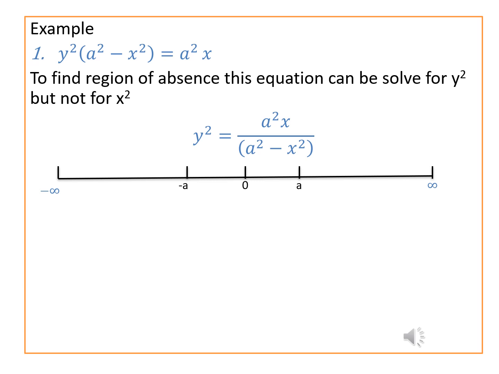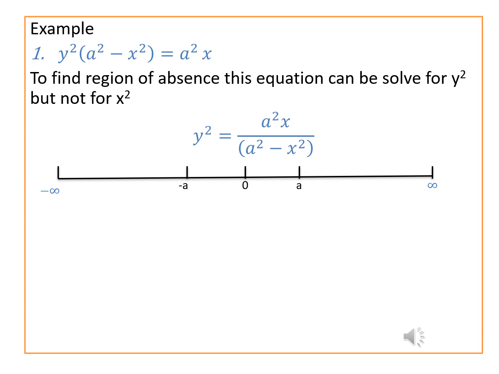Now the second, we have a square minus x square in the denominator. Just put it also equal to 0. So you will get two values of x, that is minus a and plus a. Just mark minus a and plus a also on the x-axis. So now you will get 5 points on the x-axis: minus infinity, minus a, 0, a, and last one infinity.